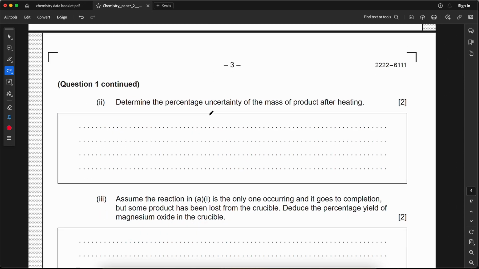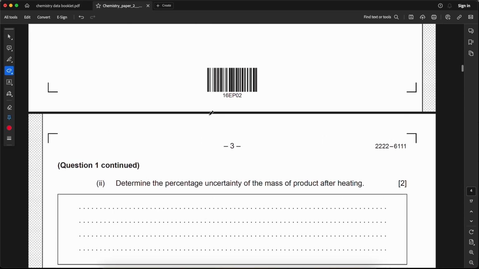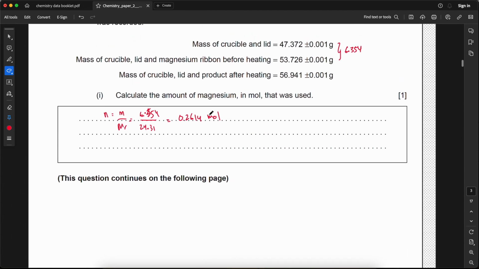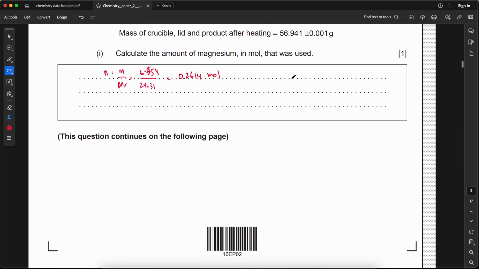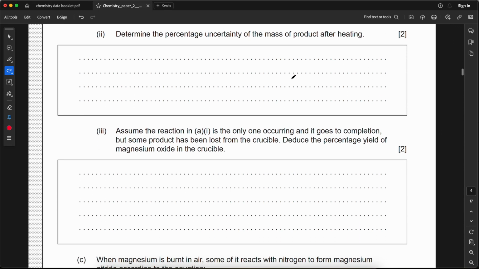After heating, we need to know how many grams were produced. So that would be 56.941 minus 47.372, because that would be the amount after heating. So the mass of the product after heating will be 9.569.